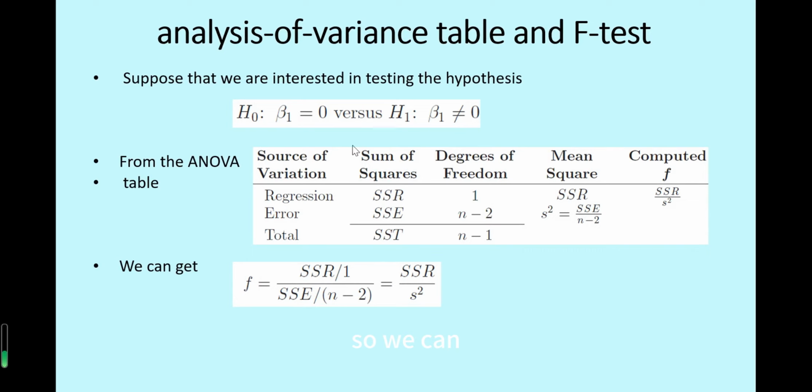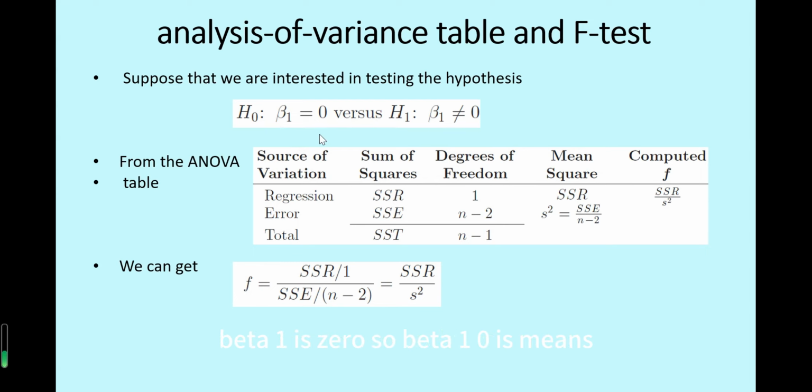We can look at this table. This is the ANOVA table, analysis of variance for the linear regression. SST equals SSR plus SSE, and each term has its corresponding degrees of freedom. We can form a null hypothesis that beta 1 is 0.